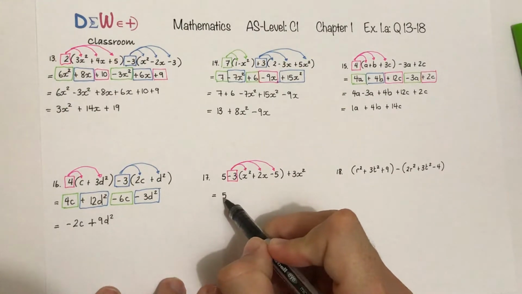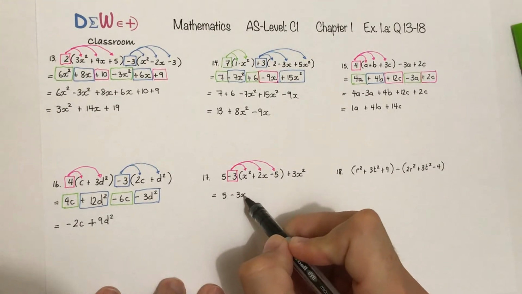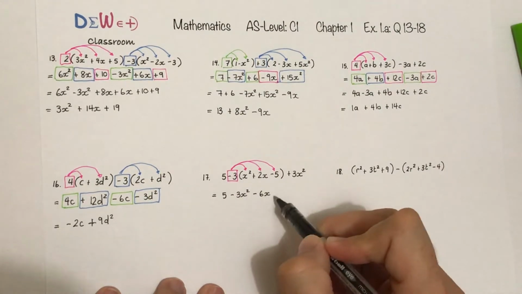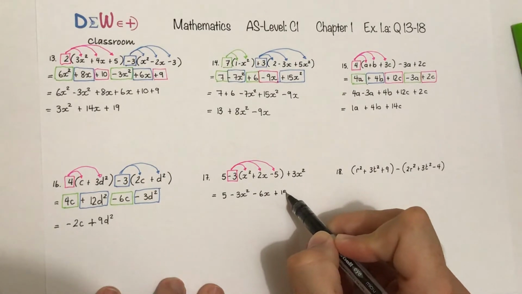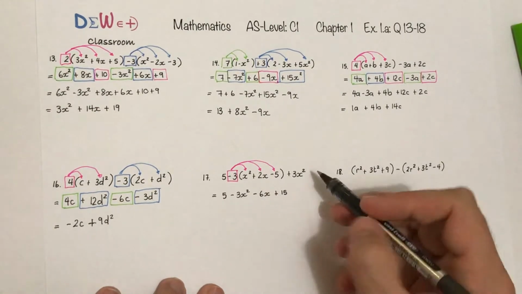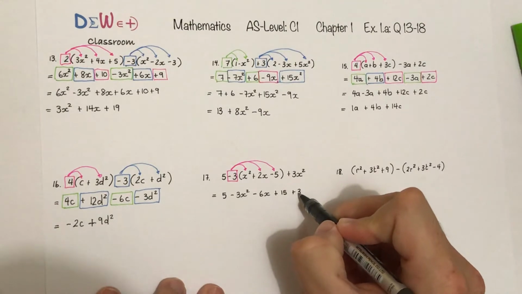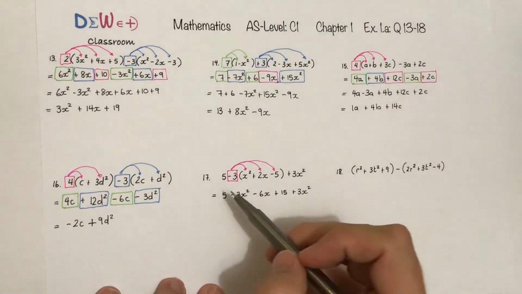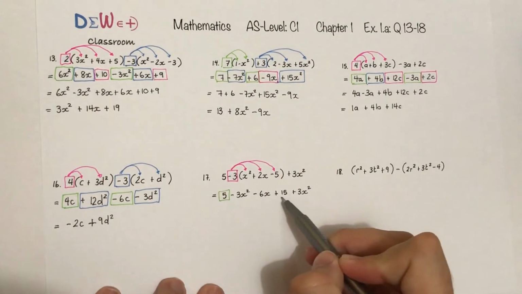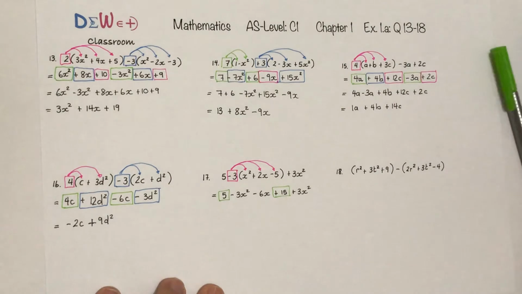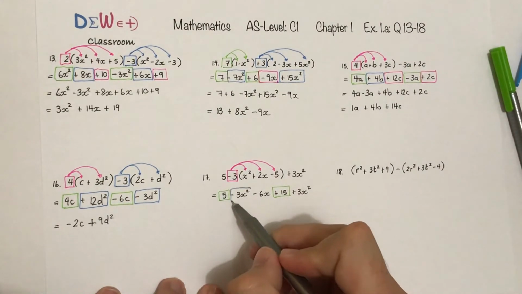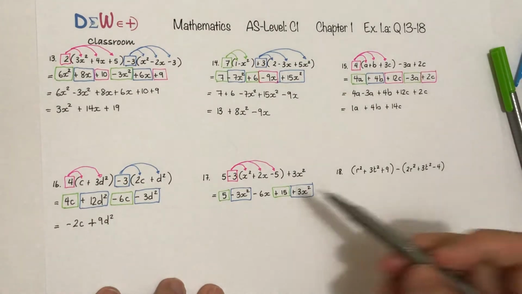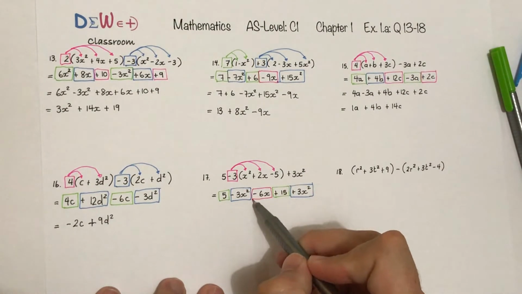So it is 5 minus 3x squared minus 6x, and a minus gives us a plus 15, and then the term outside of the bracket, plus 3x squared. Now we identify the like terms. 5 and 15, we have our minus 3x squared and our plus 3x squared, and we have our minus 6x.